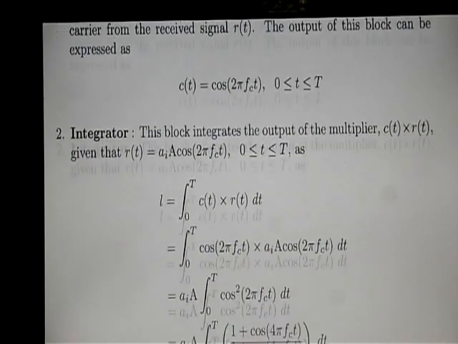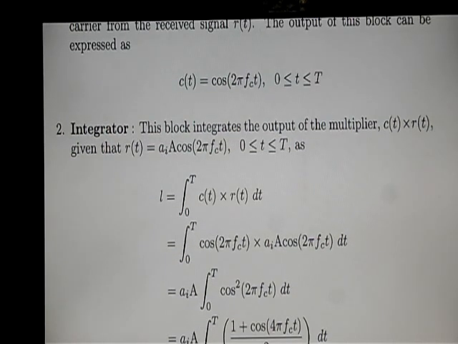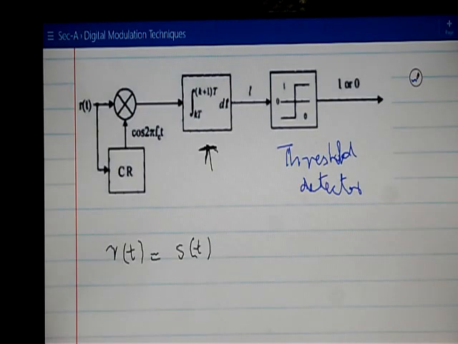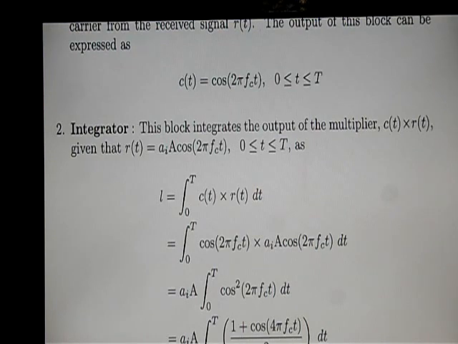So what the integrator will do, the output of the integrator is represented by small l in the figure. If you see over here, this is small l. So this small l is the integration of the product, and the integration of the product from 0 to t can be represented by this equation.